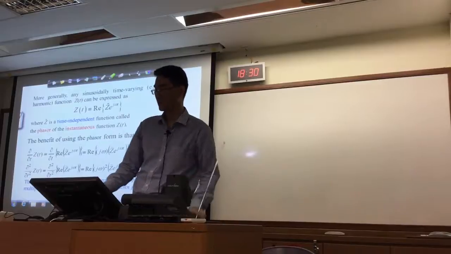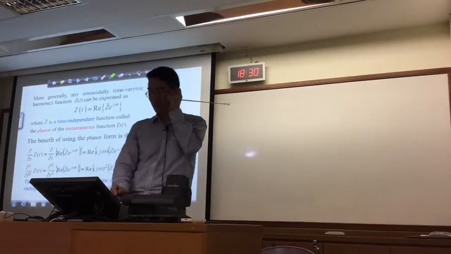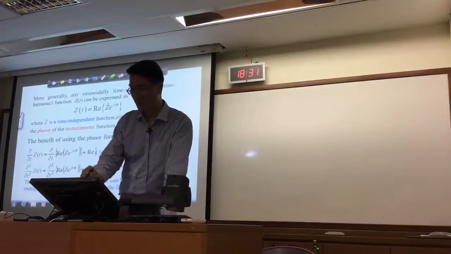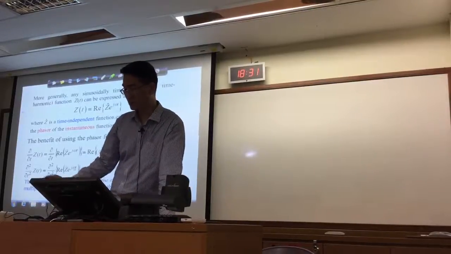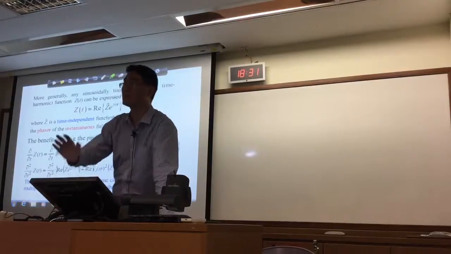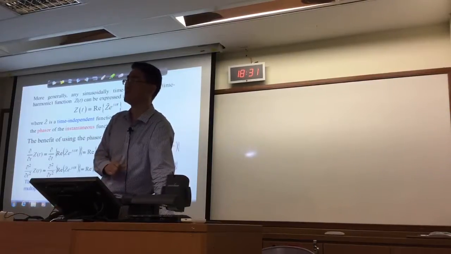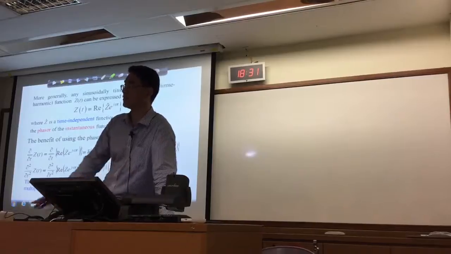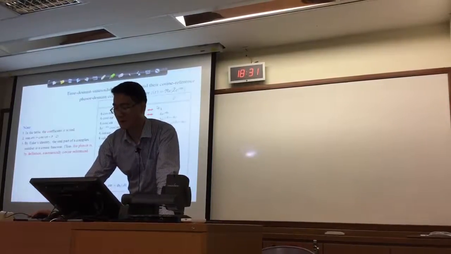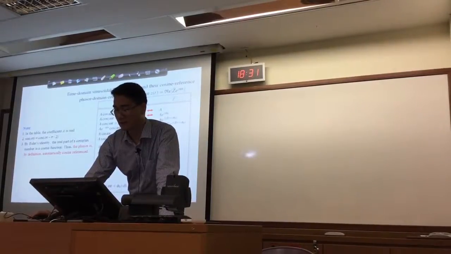The second order derivative becomes just (j omega) squared. This is the concept of introducing the phasor format. Since we have learned this in EE4101, I will go through this part very fast. I hope you still remember.